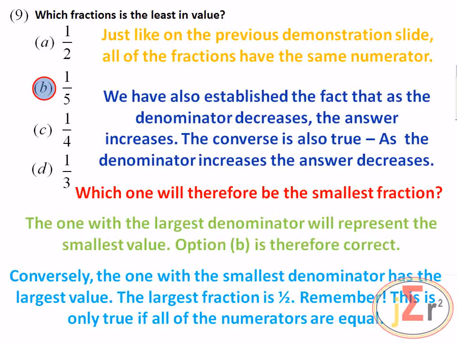The largest fraction is a half. Remember, this is only true if all of the numerators are equal. If all of the numerators are equal, then the one with the smallest denominator will be the largest value, and the one with the largest denominator will be the smallest value.